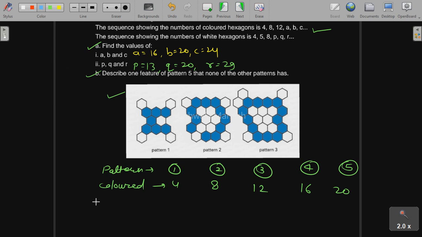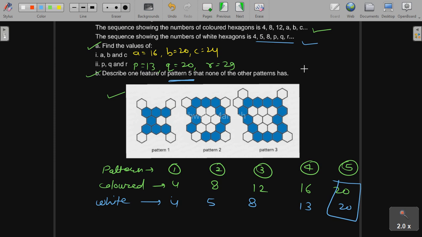The white hexagons sequence is 4, 5, 8, P, Q, R, where P is 13 and Q is 20. So we have to observe pattern 5. In pattern 5, we can see that there are 20 colored and 20 white hexagons.